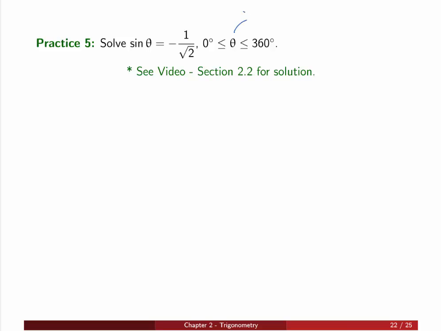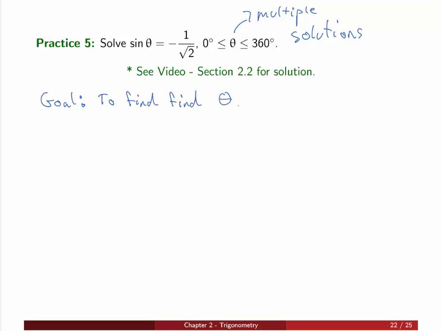What this means is you're going to have multiple solutions, and you will in this situation. The goal is to first find theta r. First find where you are on the Cartesian plane.